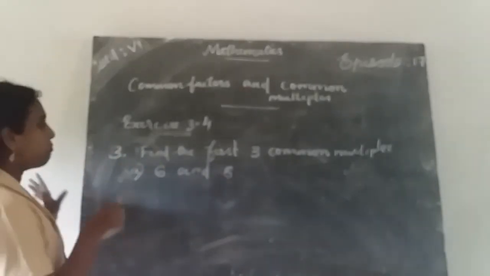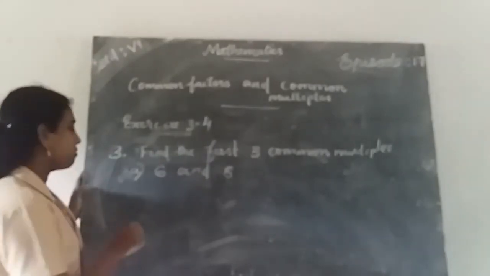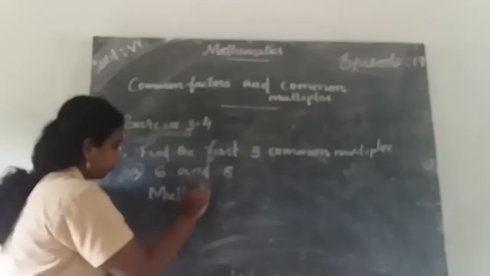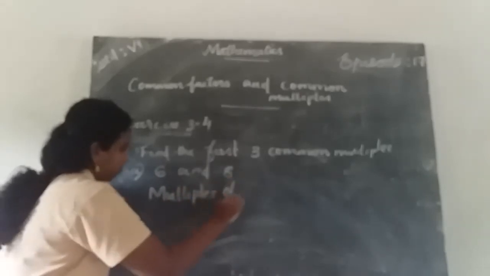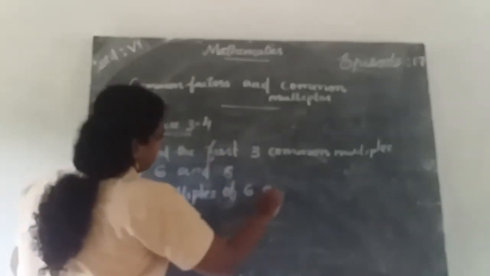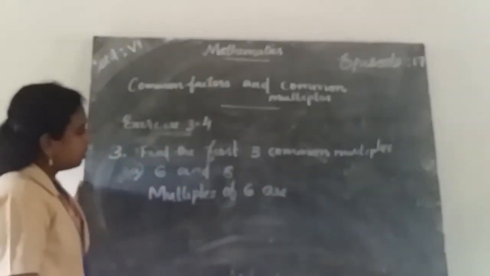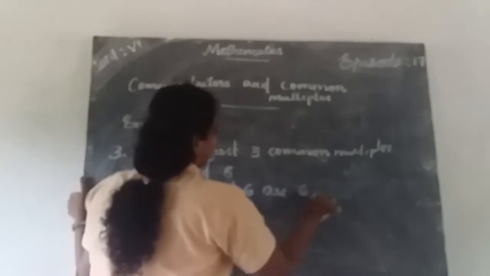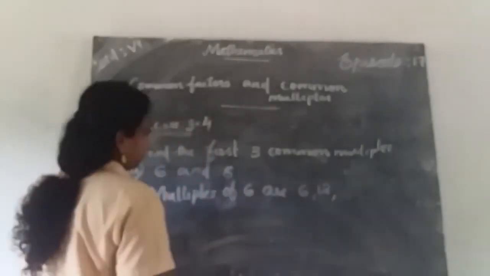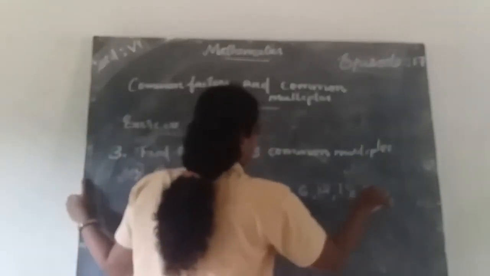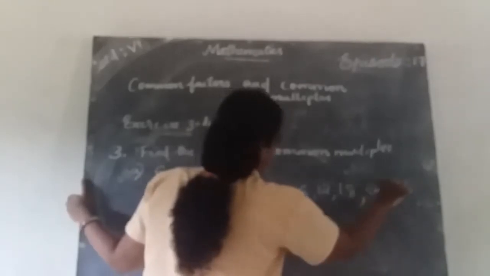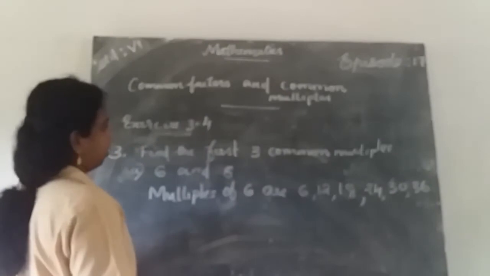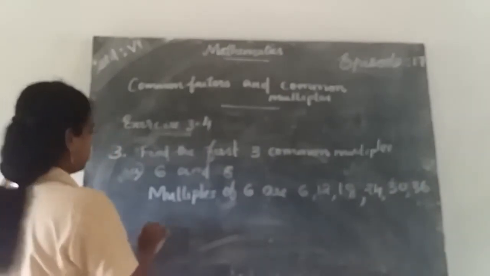Okay. For that, first we write the multiples of 6. What are the multiples of 6? 1 6 is 6, 2 6s are 12, then multiples of 8.